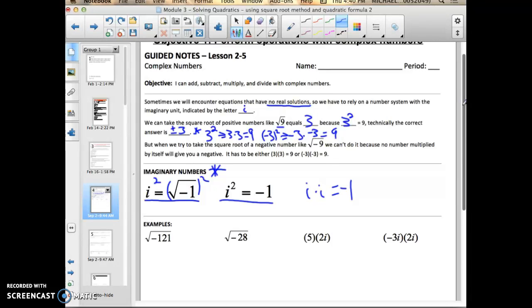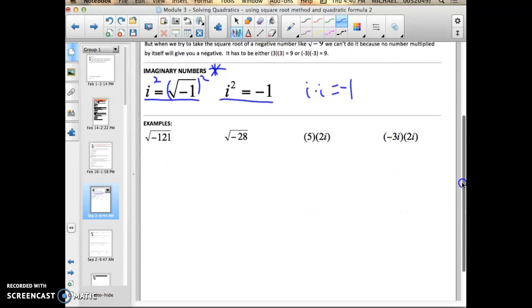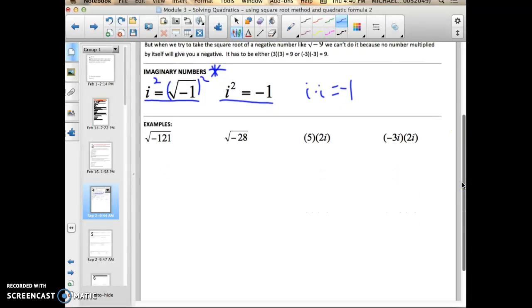So let's put this into practice a little bit, and I want to show you why they had to invent the imaginary numbers. Let's look at the first example, the square root of negative 121. Well, I know the positive version, the square root of 121, is plus or minus 11 because it's a perfect square.